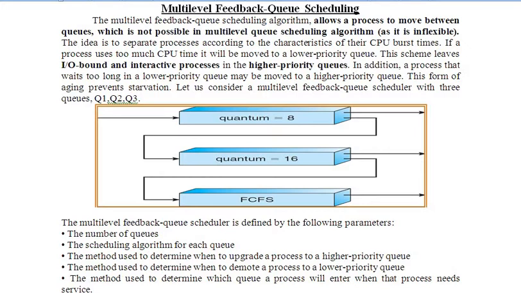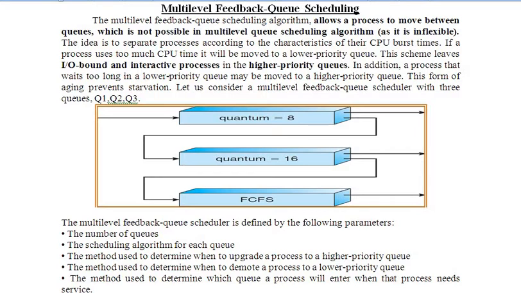It allows processes to move between the queues. The idea here is to characterize or divide processes based on the time they take to execute, which we call burst time.